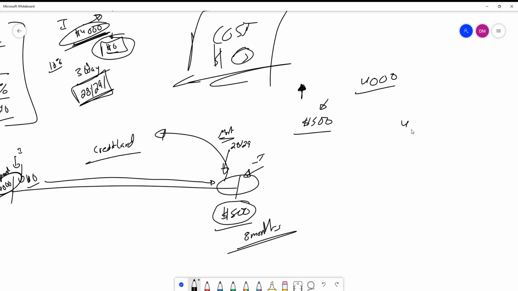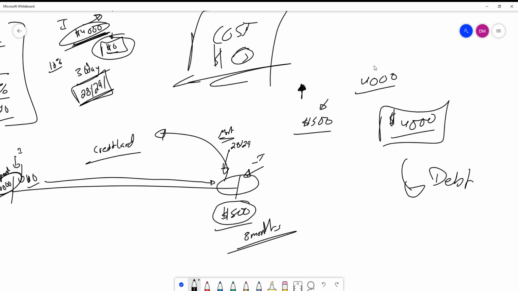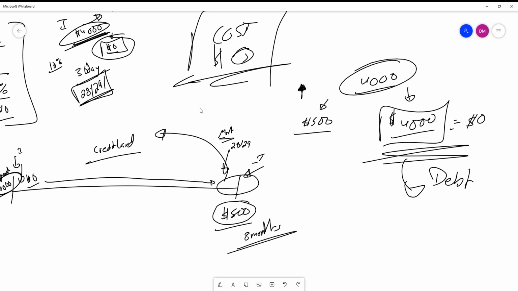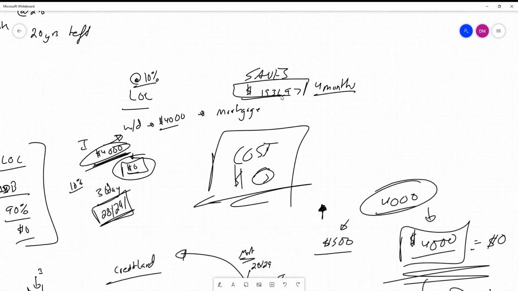You go borrow another $4,000 from the line of credit. You go pay off whatever debt you're trying to tackle, whether it's mortgages or whatnot. You take the income sitting in your checking account, you pay it off, it equals zero. You've spent nothing to save 4 months on your mortgage, $1,936.97 of interest. And you can do this every 8 months.